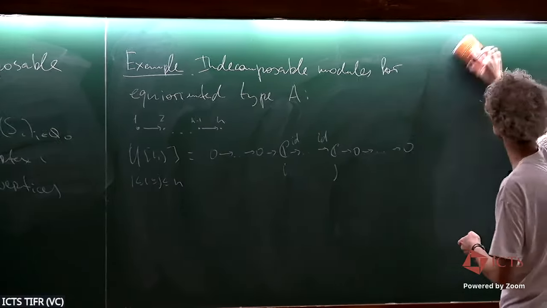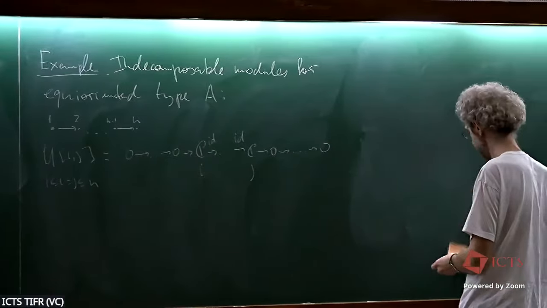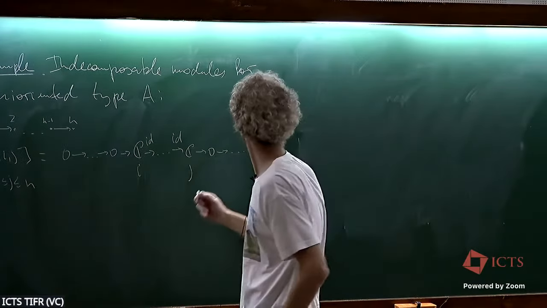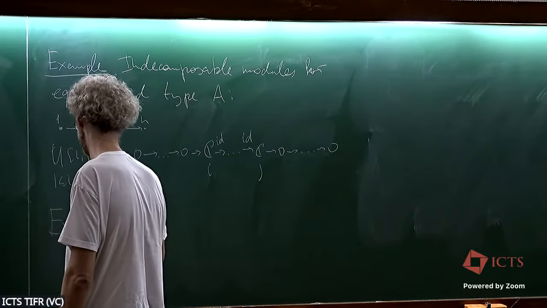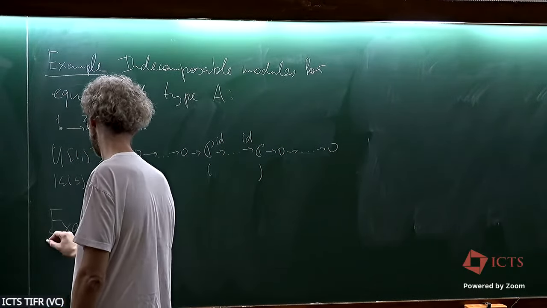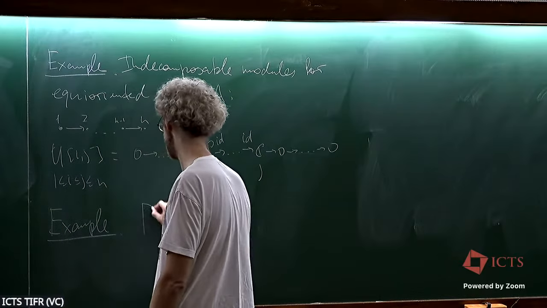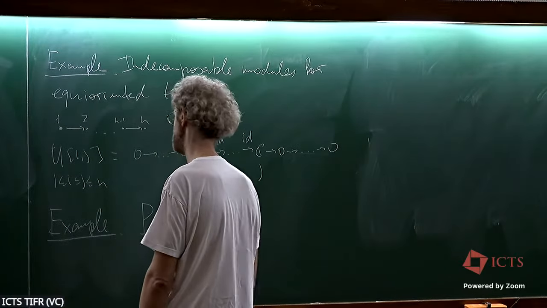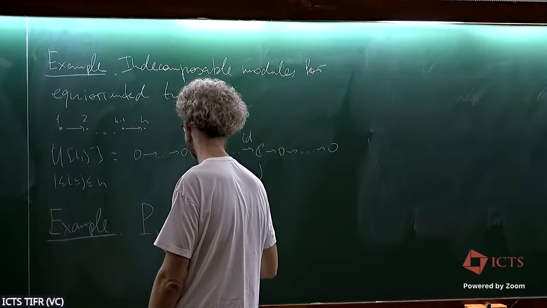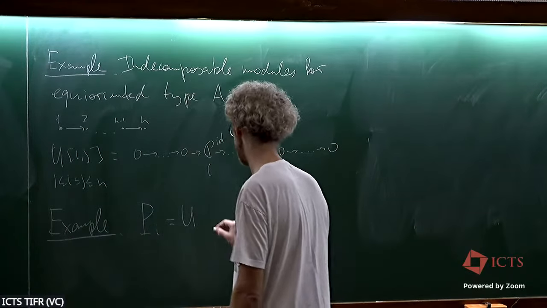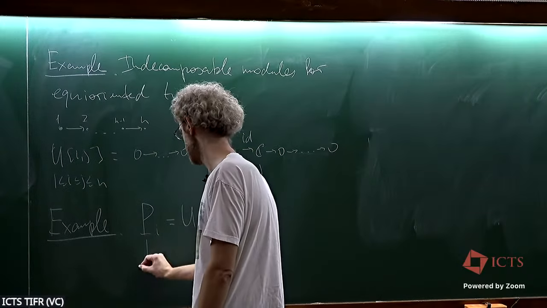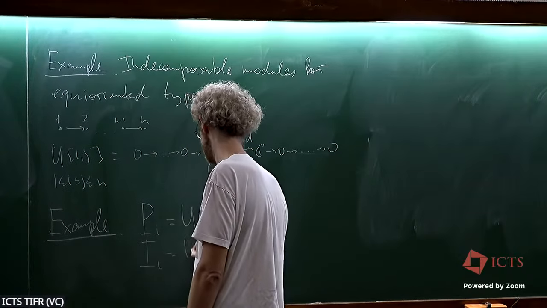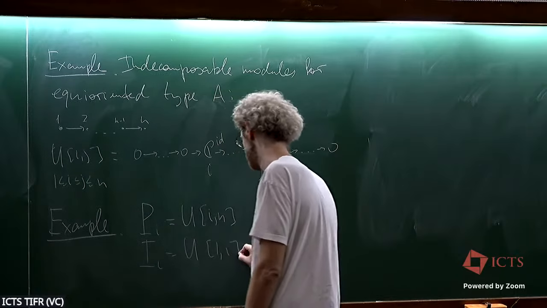We'll need some particular classes. So let me give one more example. We define P_i to be the representation U_{i,n}, and I_i to be the representation U_{1,i}.